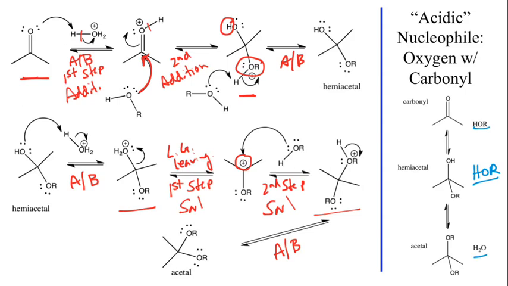Well, what happens if I want to go the reverse direction? What do I need to add? Well, again, look at your reaction. We've got our acetal plus water takes us to the hemiacetal. How do we move from the hemiacetal to the carbonyl? We don't need anything actually for this. We could show, since it's in there, we could say that's part of it, and that can help facilitate the breaking of bonds.